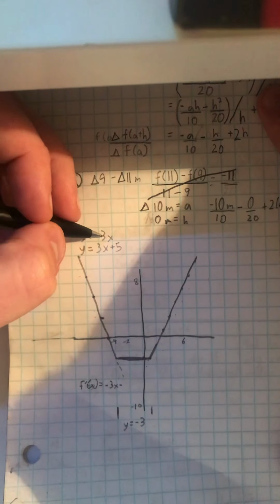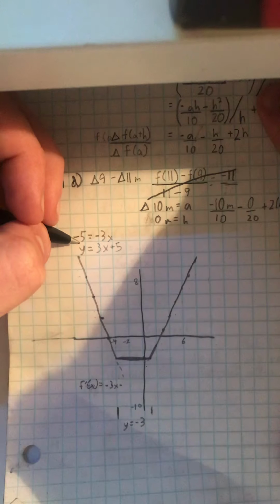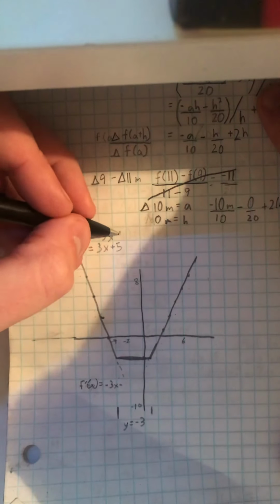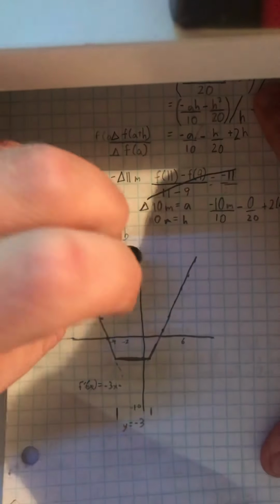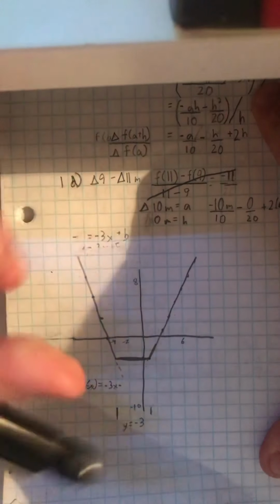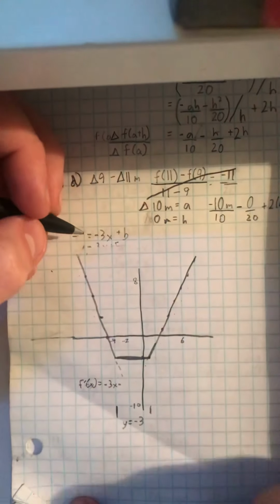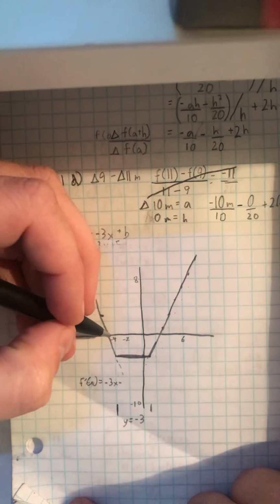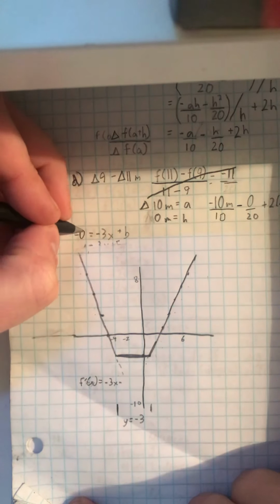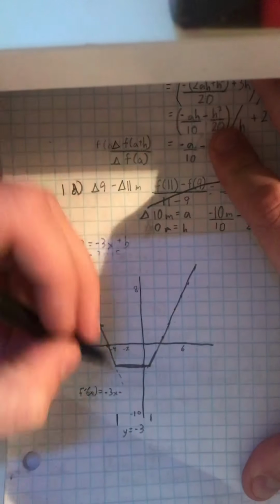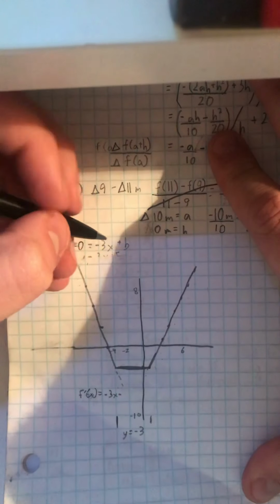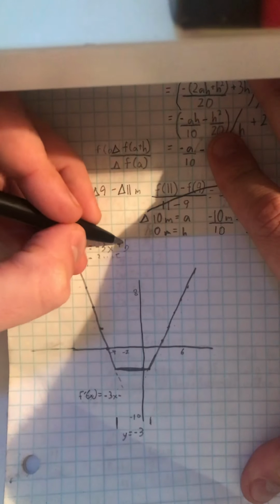So at 0, what's plus b? Okay, so here x is, no, y is 0. And we know the slope is -3. Yeah, -3.